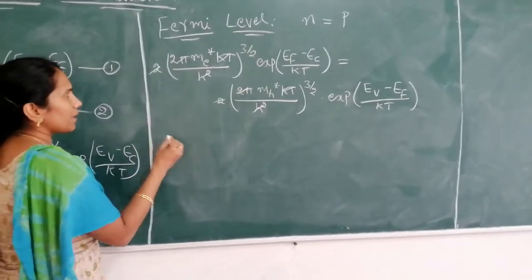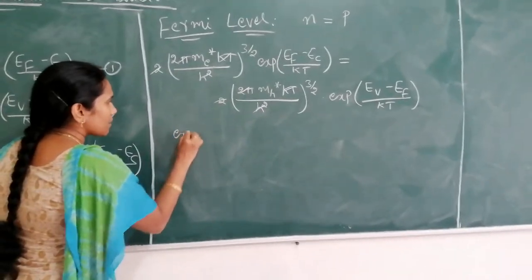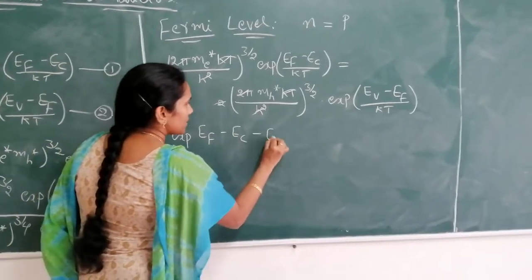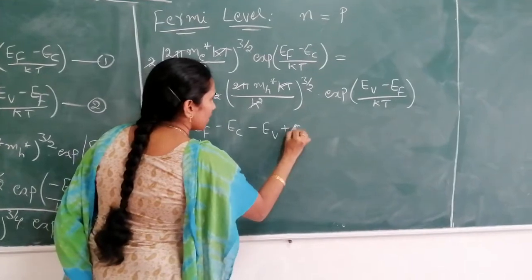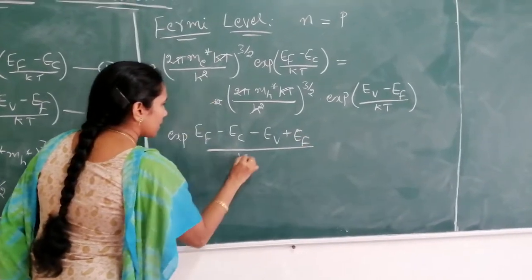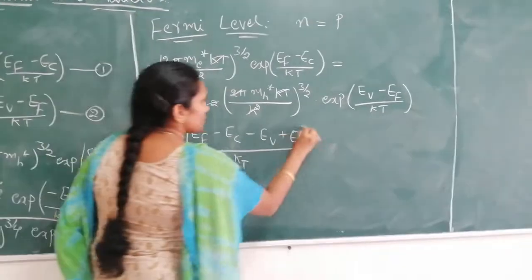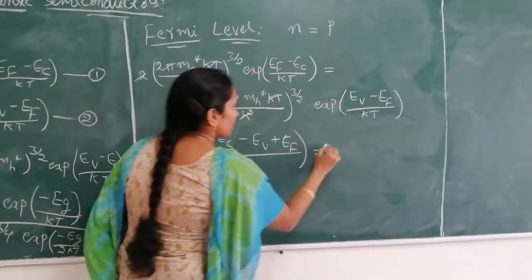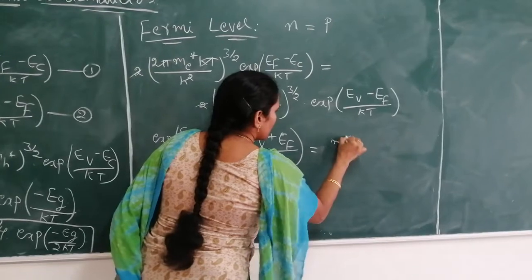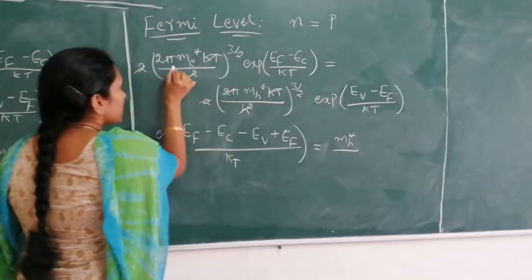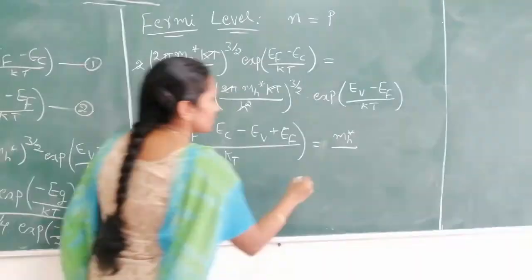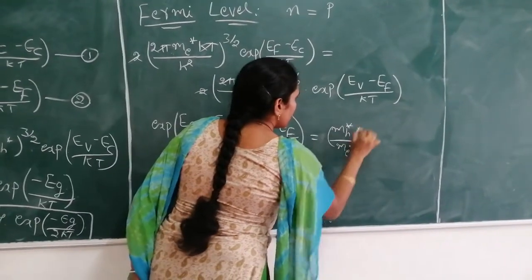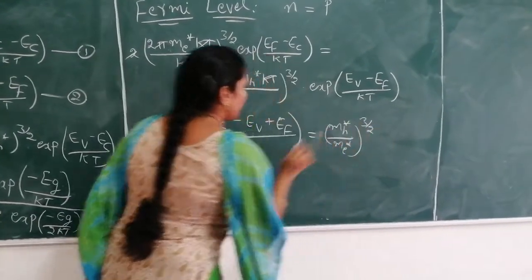So when you bring them like that, you will get exponential of (EF minus EC minus EV plus EF) divided by kT, which is equal to, here what are the remaining terms? mh star whole power 3 by 2 divided by me star, I am taking to the right side. So (mh star by me star) whole power 3 by 2 is the remaining term here.